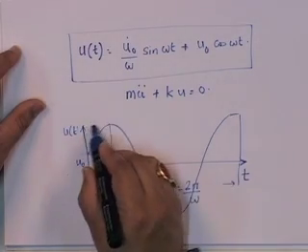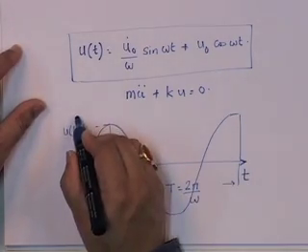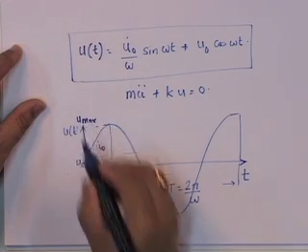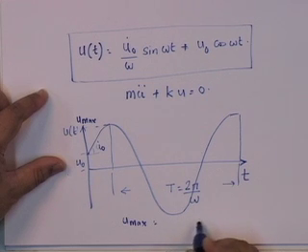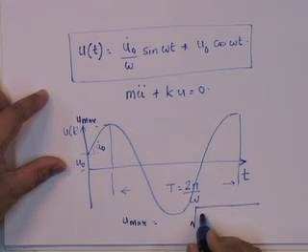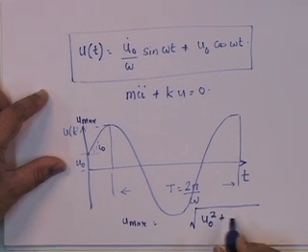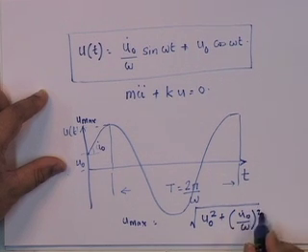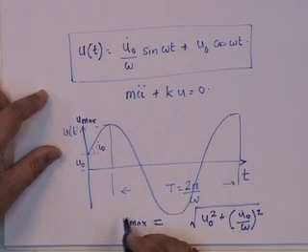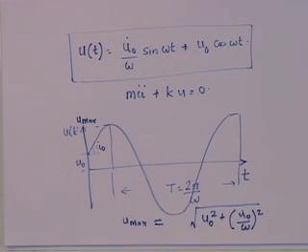So, if you look at the peak amplitude, which is u max, it is equal to the square root of u0 squared plus u dot 0 upon omega whole squared. This is u max, the amplitude of the displacement, and it is given in terms of the initial displacement and the initial velocity with the ratio of omega.